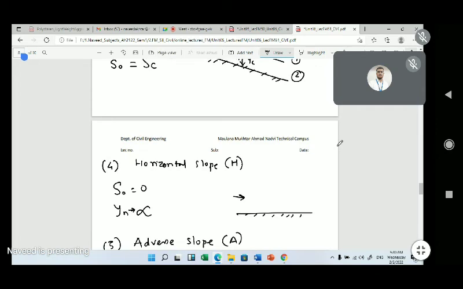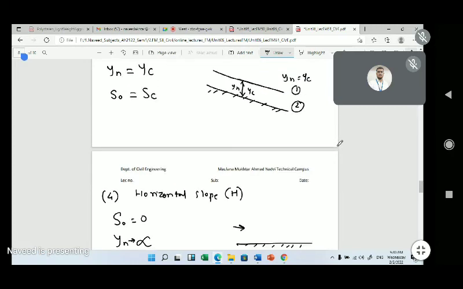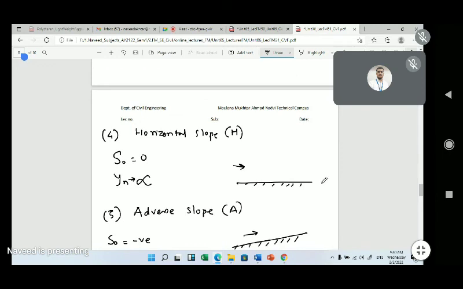Zone 2 is absent because Yn is equal to Yc. And similarly for horizontal and adverse slope, zone 1 is absent. So only zone 2 and zone 3 will be there.